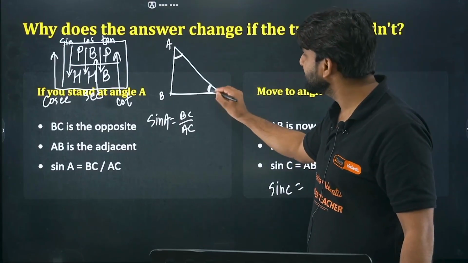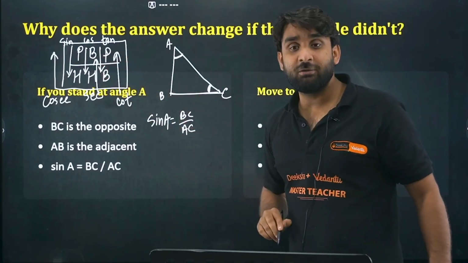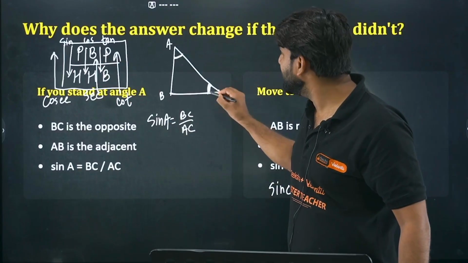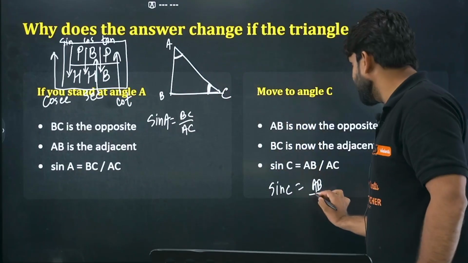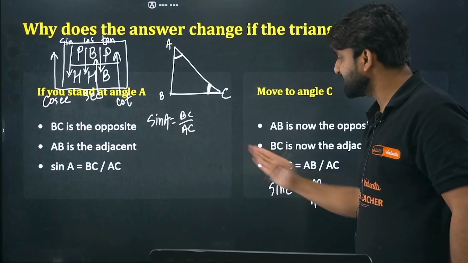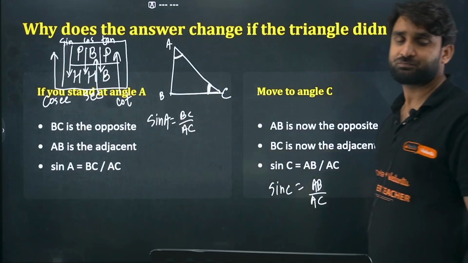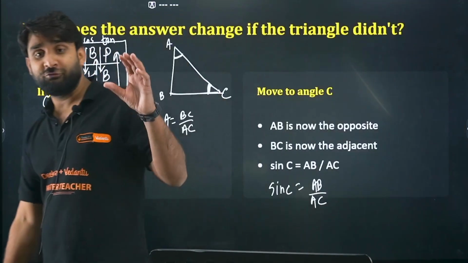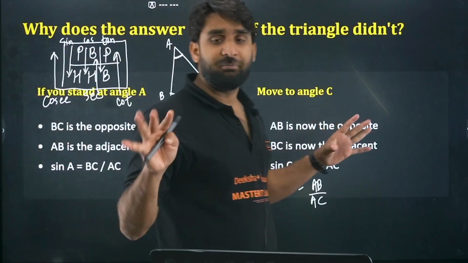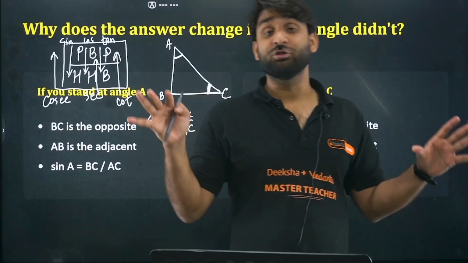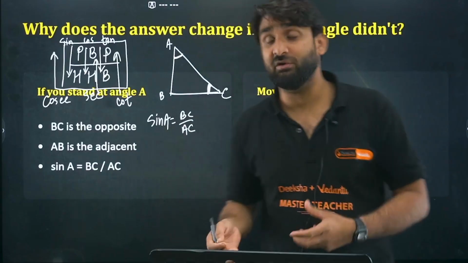Now C is this, and sine means perpendicular by hypotenuse. So for this angle C, the perpendicular is AB, and hypotenuse will be AC. Look, both answers are different from each other. So the position of perpendicular and base are not fixed. It depends on the position of angle with which we are dealing.